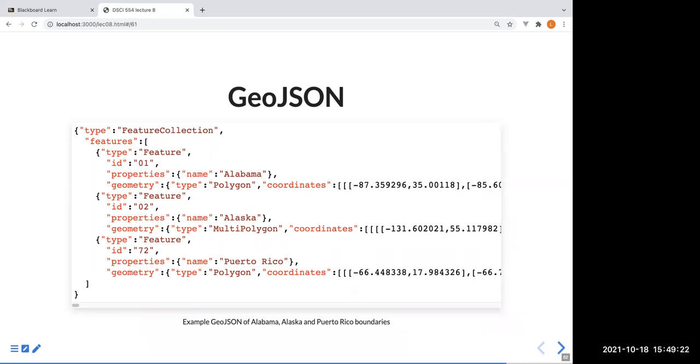This is actually just a map of the states here in the US. You see it's a bunch of features, each one with some properties and the geometry. The geometry is what you expect, the boundaries of the feature. Here it would be this particular state.